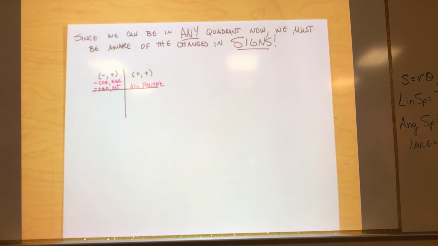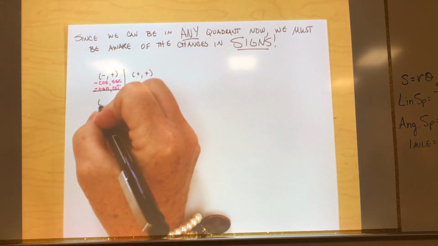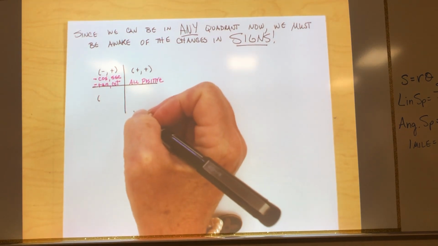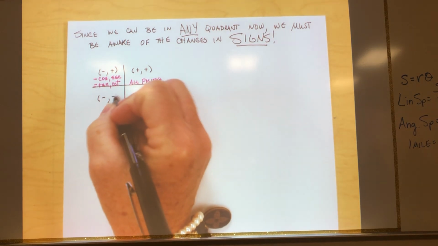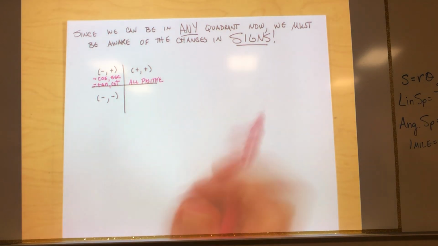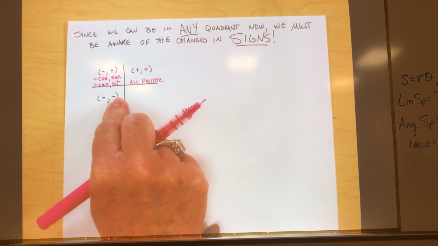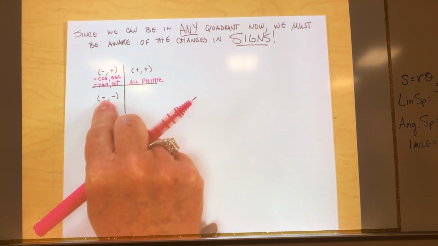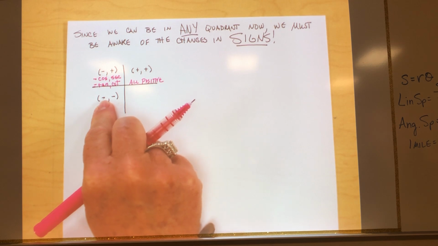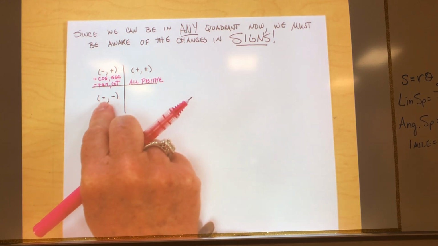Let's look at this third quadrant down here. This third quadrant, what's his point going to look like? Negative, negative. So anybody that has an X or a Y is going to be negative. What if they have an X and a Y? They're going to be positive because it'll be a negative over a negative. Okay?